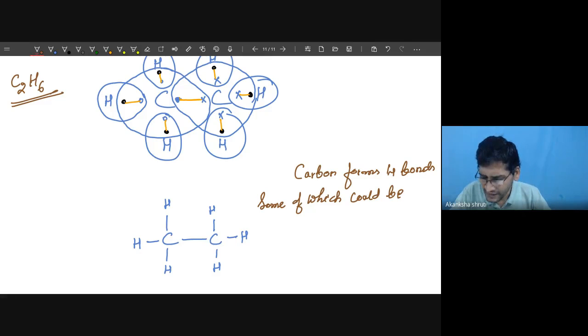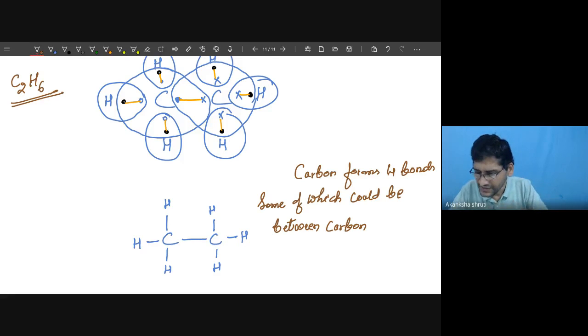Some of which could be between carbons, meaning one carbon and another carbon, not with a single carbon. Between always means at least between two.